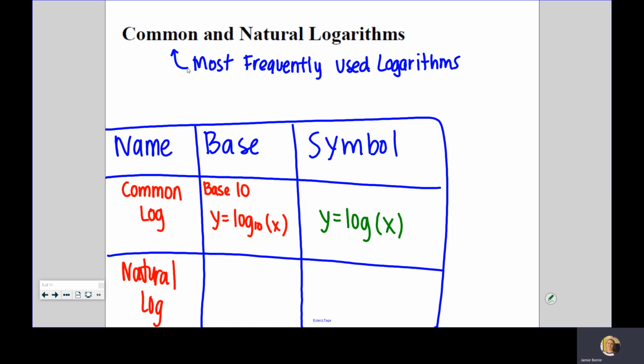The natural log has base e. E is that irrational number e, approximately 2.72. So that looks like this: y equals log base e of x. And its symbol is y equals ln of x.